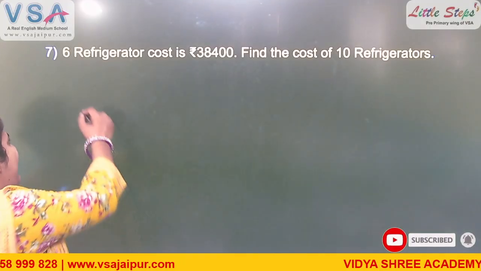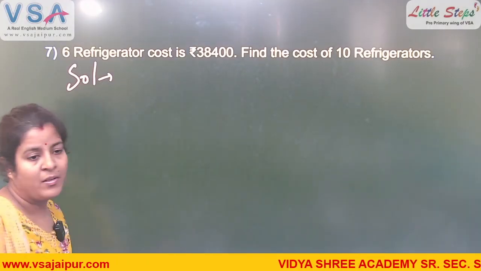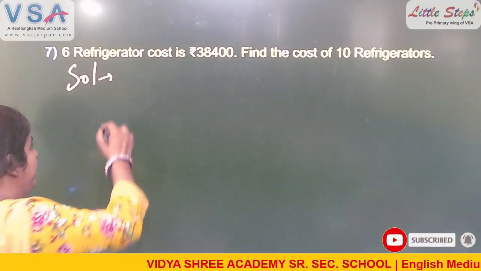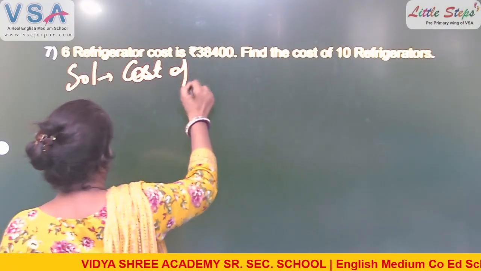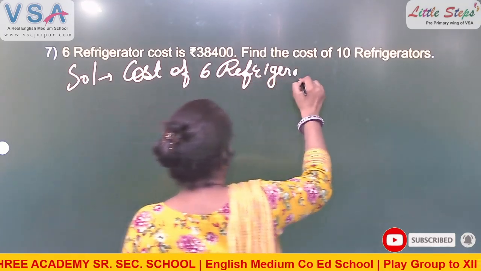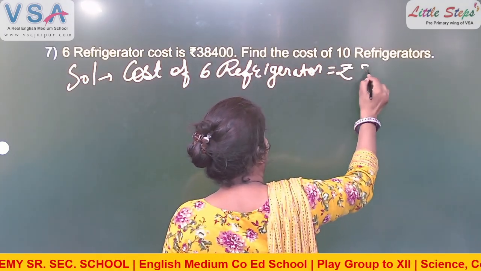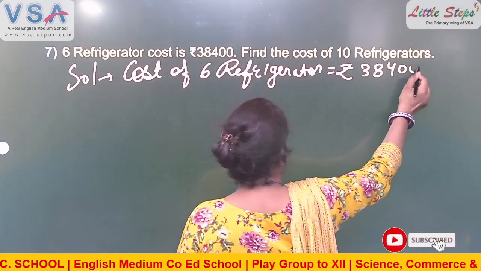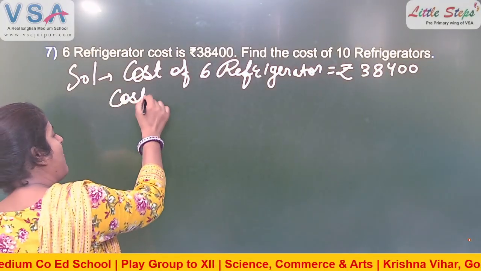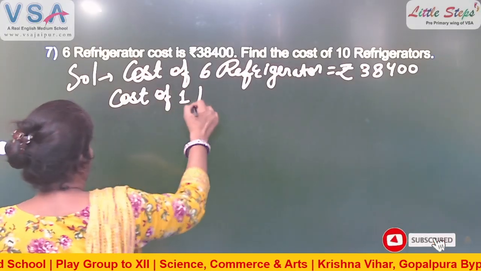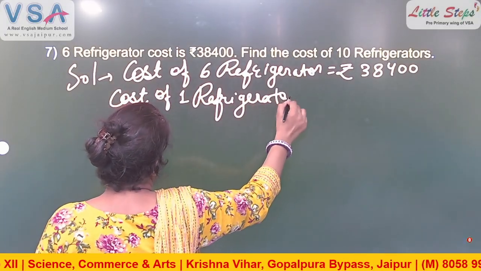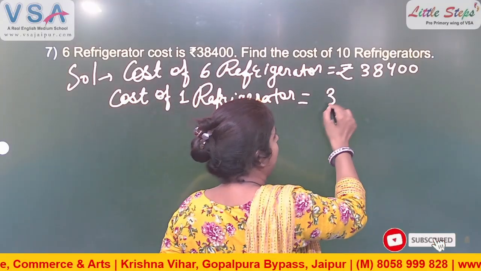The first line of this question is, yes, Darshi: cost of 6 refrigerators is 38,400 rupees. And we can find the cost of one refrigerator, so divide by 6.